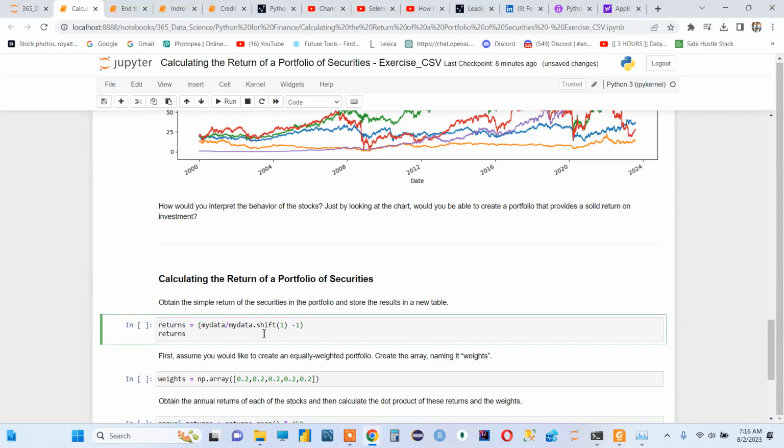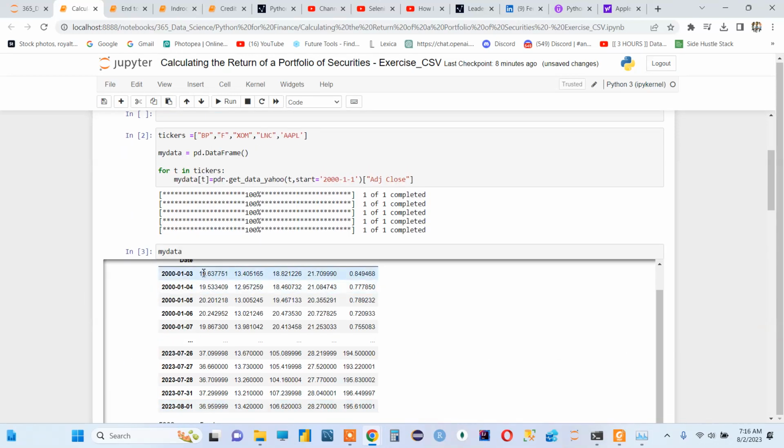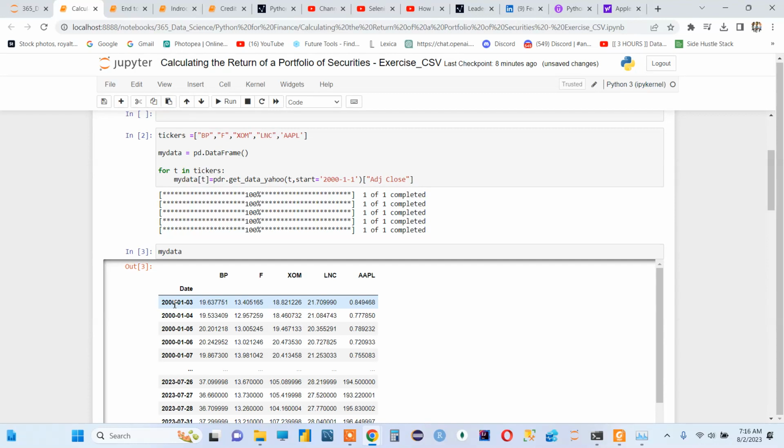So I will take my data, return is equal to my data divided by my data.shift(1). The shift(1) function in Python moves the data one step back. So say this is yesterday's record and this is today's record, so 4 minus 3 divided by 3. That is, 19.53 minus 19.63 divided by 19.63. So this becomes the shift.